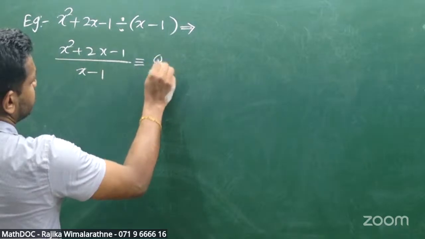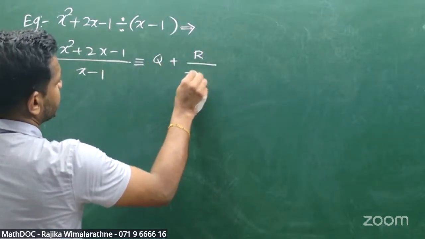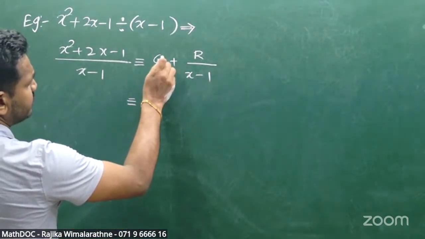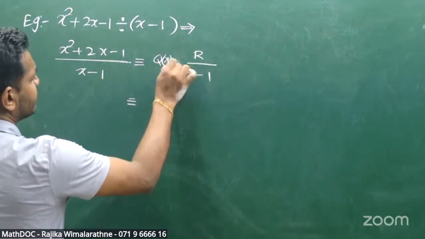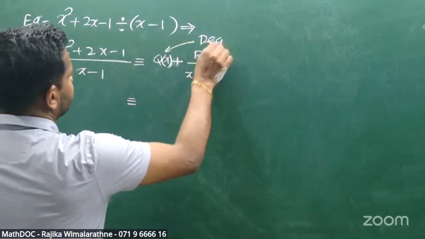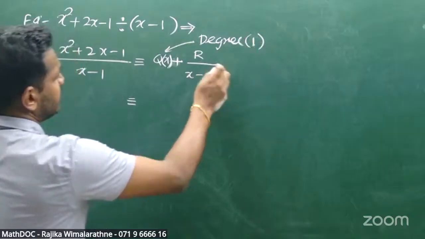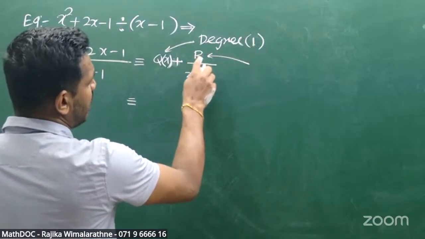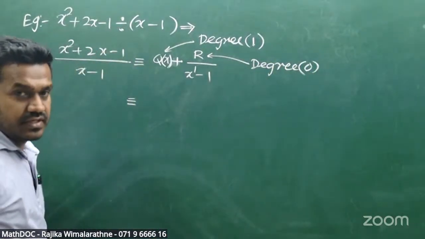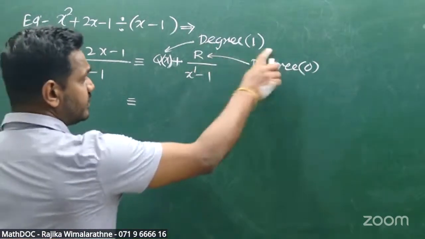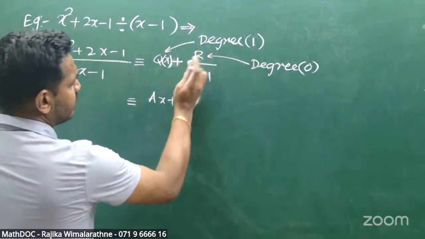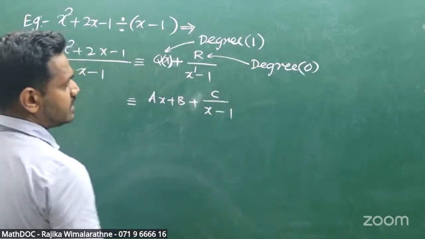So here we get a quotient and a remainder. Let's call the quotient function q(x). The dividend has power 2 and the divisor has power 1, so the quotient will be degree 1, and the remainder r will be degree 0. That is the division algorithm. If it is degree 1, you write it like ax plus b.